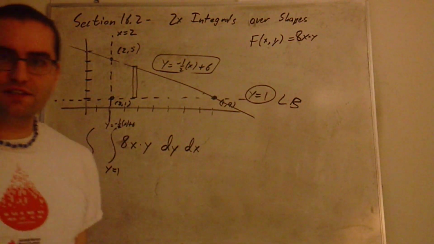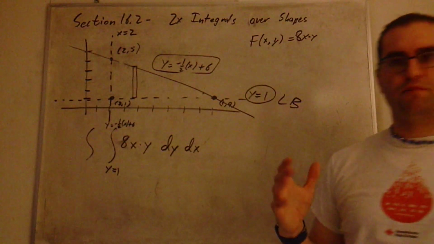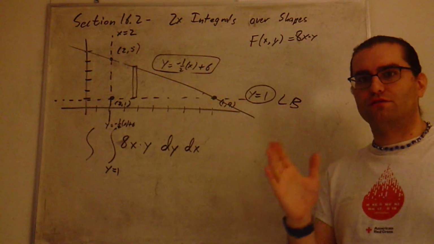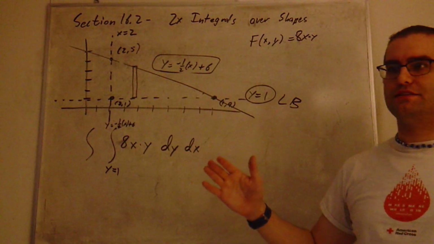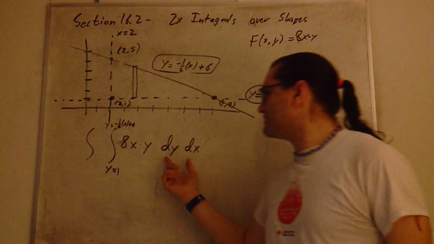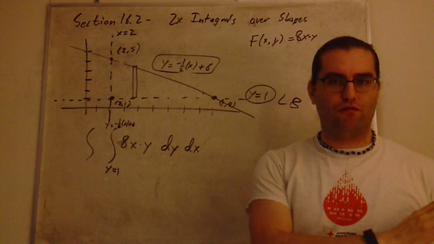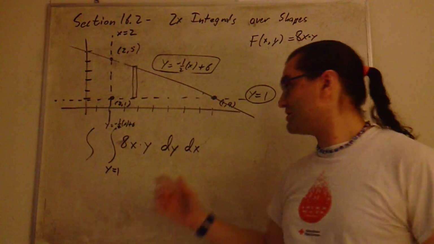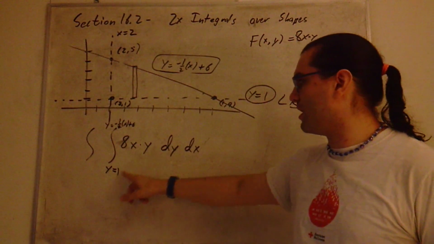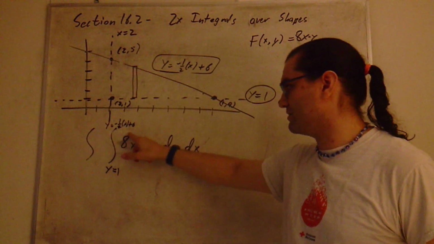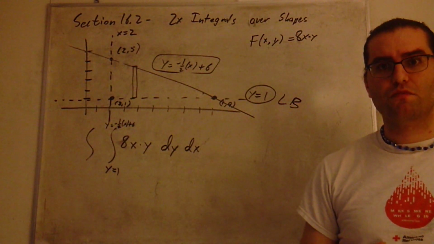There was something I said in section 16.1 about how the integral progresses throughout the problem, and that is, once you integrate with respect to y, there's no more y's. All of the y's are gone. Which is going to happen. When we integrate with respect to y, we're going to replace y with 1 on the bottom, and we're going to replace y with a function of x on the top. And after that, you will have nothing but x's, which is what we want.